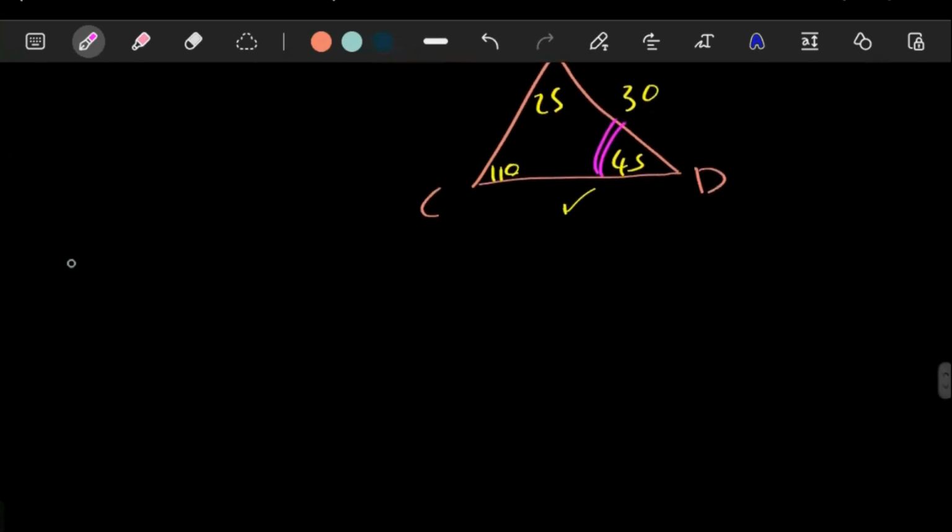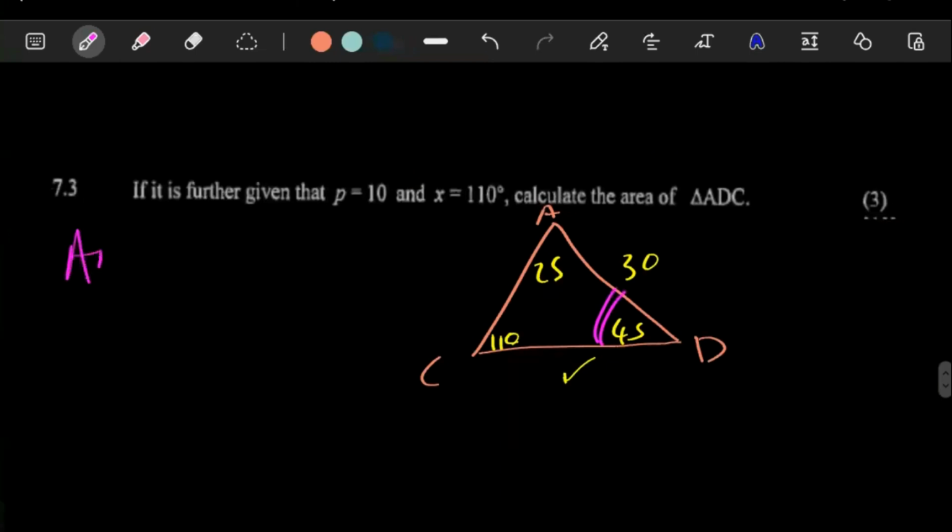So the area of ADC is equal to half. One of the sides that we have is AD. The other side that we have is CD.